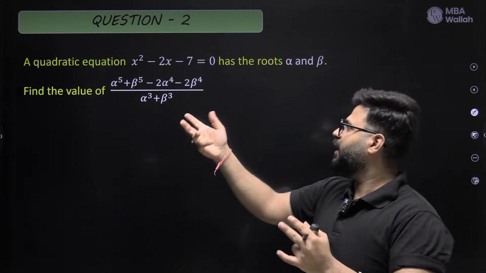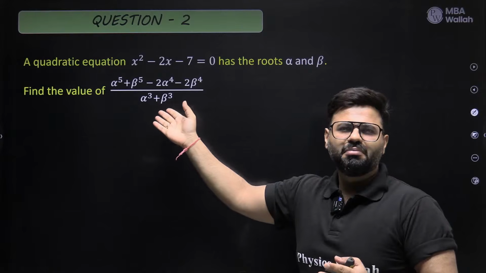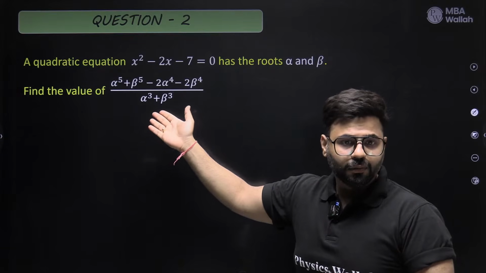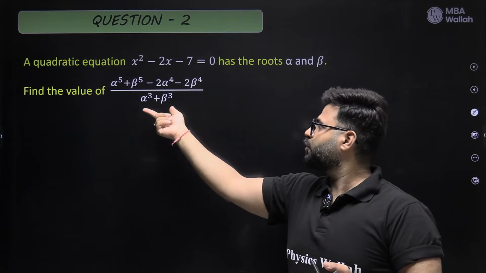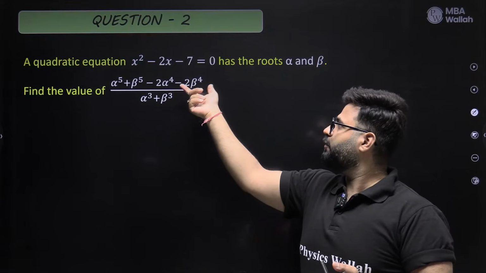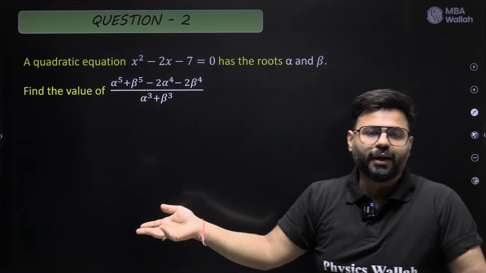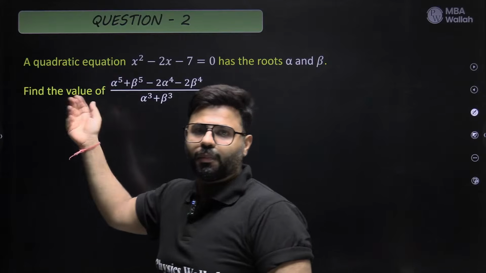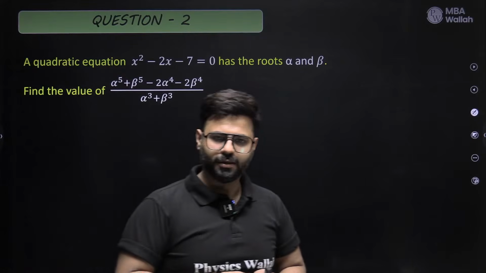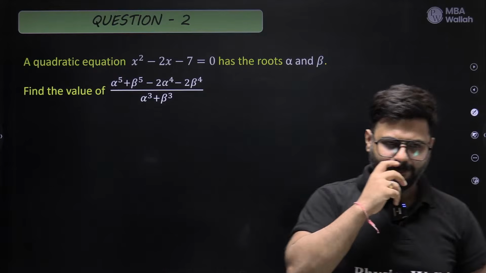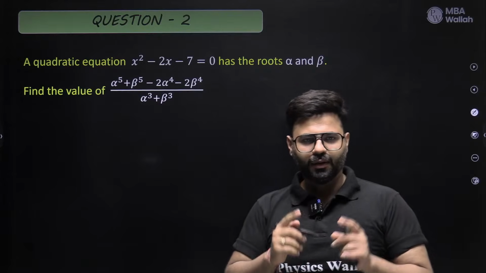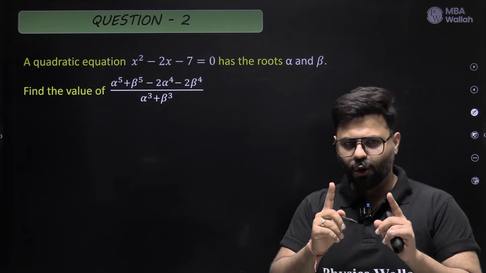If I go by the identities and open it up, then I'll make it more messy, isn't it? Palak, this will also be very huge. Alpha to the power 5 plus beta to the power 5. I don't even know the identity. I'll have to apply the binomial theorem. Yes or no? Then think, guys. Observe.